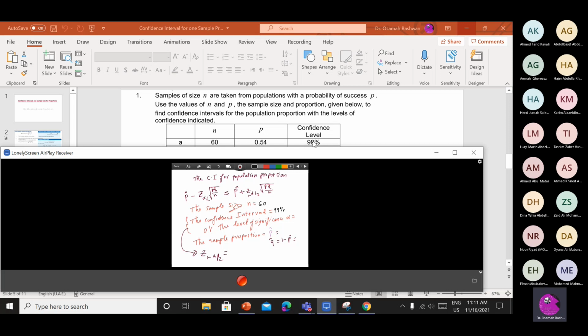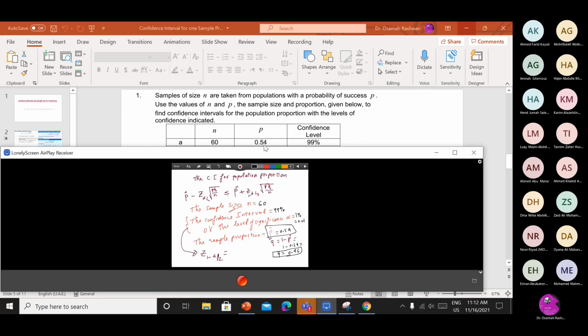If the confidence level is 99%, alpha will equal 0.01, which is 1%. Yes, thank you. P hat, the sample proportion, is given as 0.54. What about Q? Q is 1 minus 0.54, which will be 0.46. This is Q hat. This is P hat.